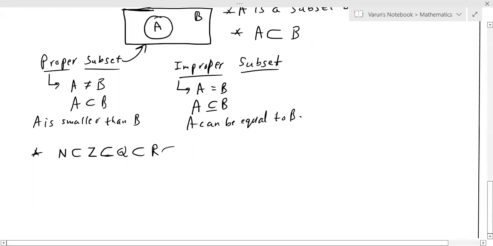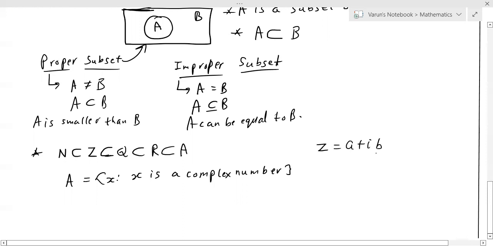So let me define a set A. A equals X, X is a complex number. When I say complex number, I am automatically taking into account all the real numbers, am I not? Because you know a complex number Z can be defined as A plus iota B. If B goes to 0, it is the real number, right?